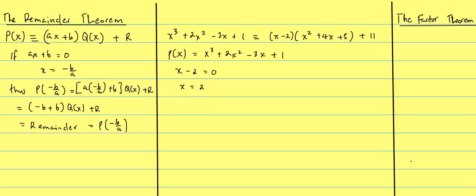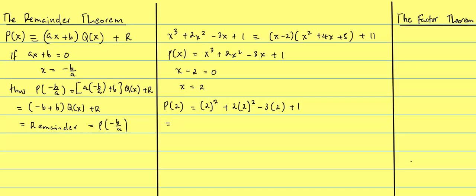Now we have seen that the remainder theorem says that the remainder is going to be given by substituting this x value into p of x. So if I find p of 2 and substitute into p of x, we will have 2 cubed plus 2 multiplied by 2 squared, minus 3 multiplied by 2, plus 1.